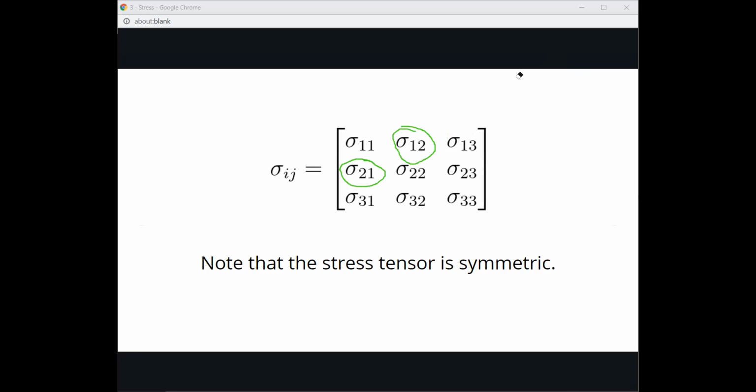Yung, this one is equal to this one, okay? What else? This one is equal to this one. Okay? So yung upper triangle is equal to the lower triangle of the matrix. Okay tayo sa symmetric?